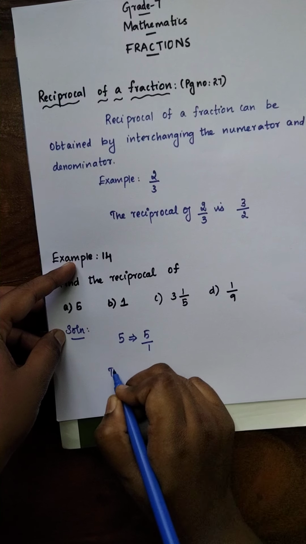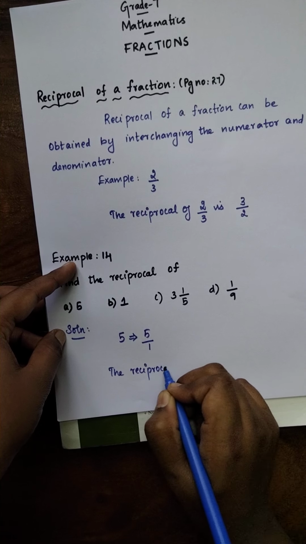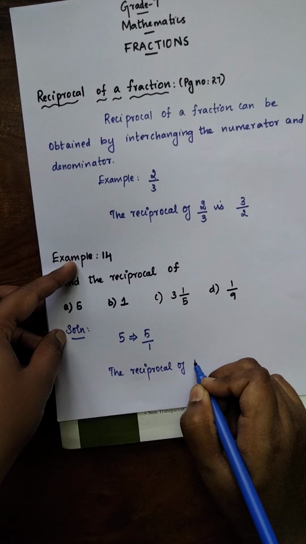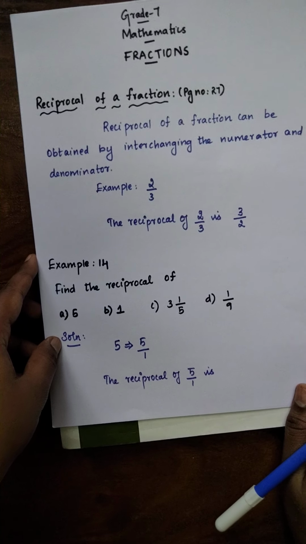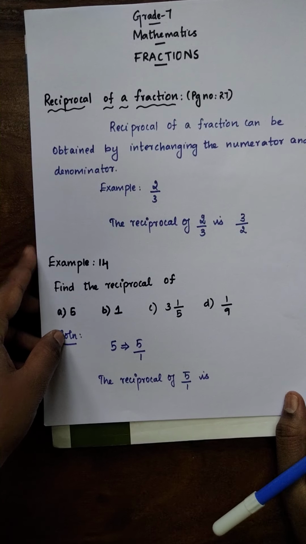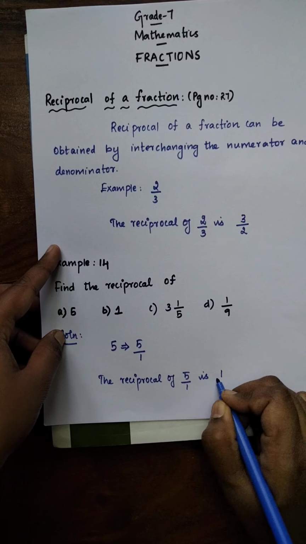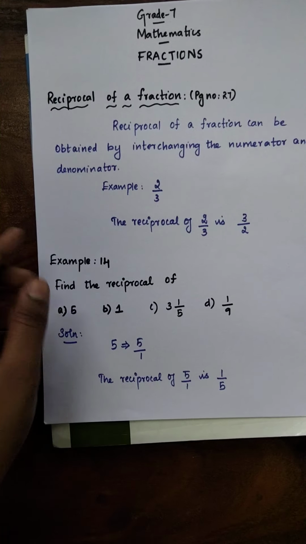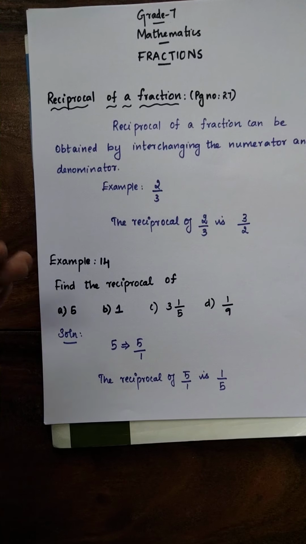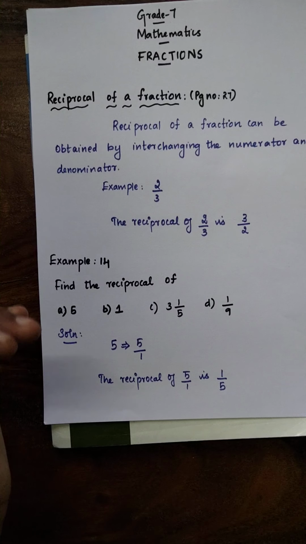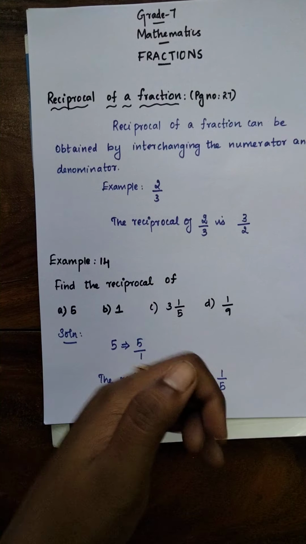So the reciprocal of 5 by 1 is 1 by 5. We have interchanged the numerator and denominator.